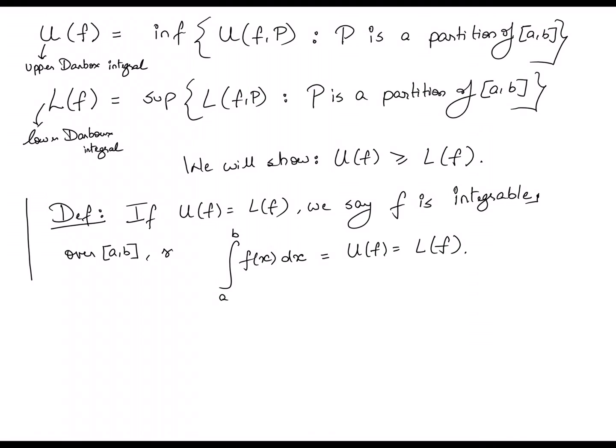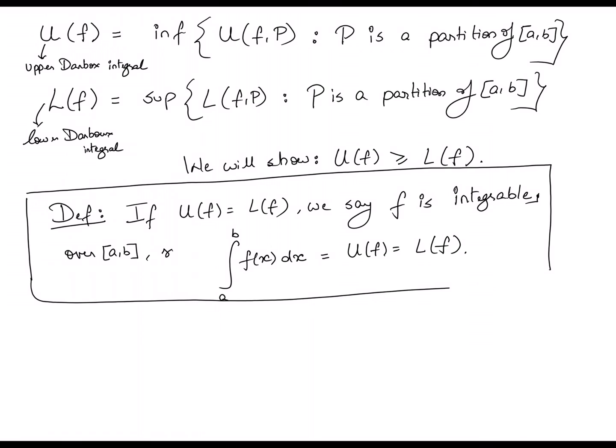Okay, so this is the definition of the Darboux integral, which, as I mentioned before, is equivalent to the definition of the Riemann integral. What do I mean by saying that they are equivalent? The original definition of the Riemann integral is slightly different, but one can show that whenever a function is Riemann integrable, it is also Darboux integrable, and the integrals agree.